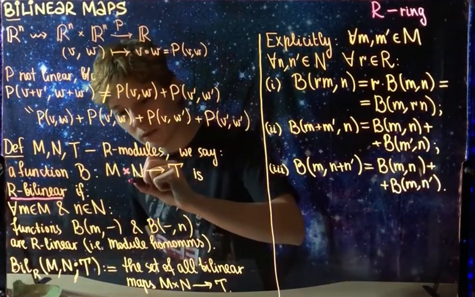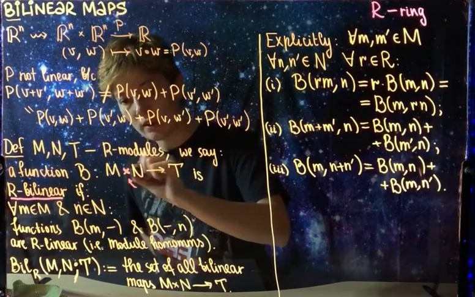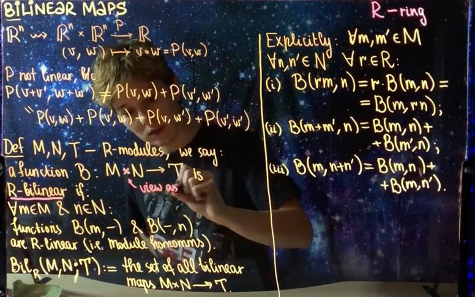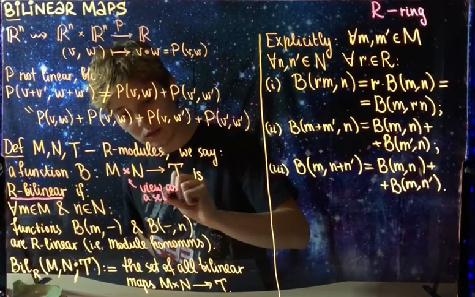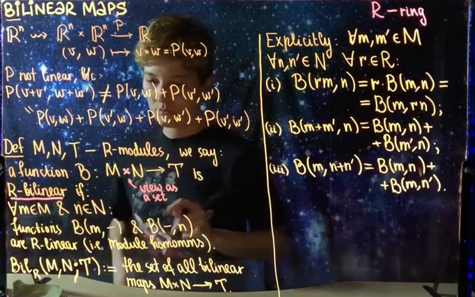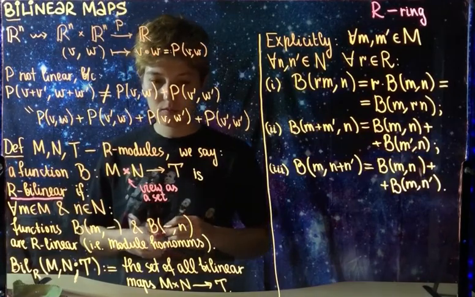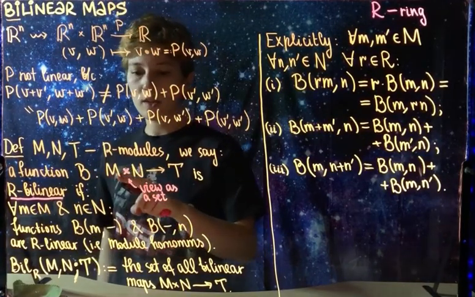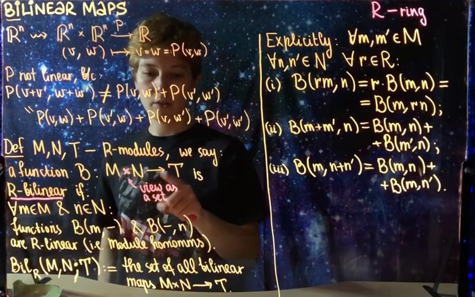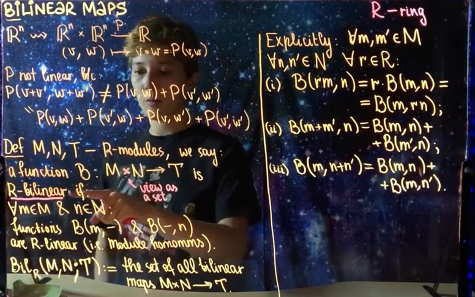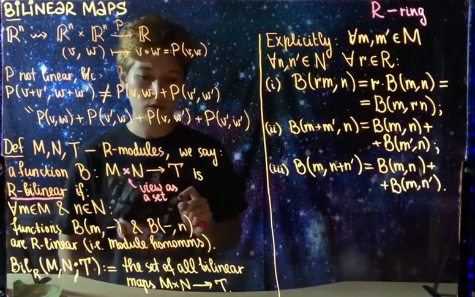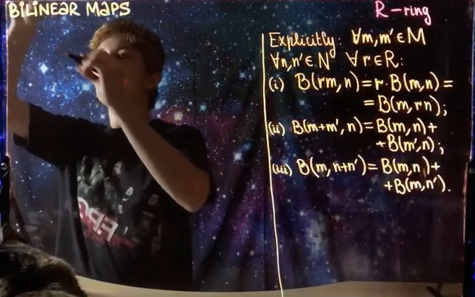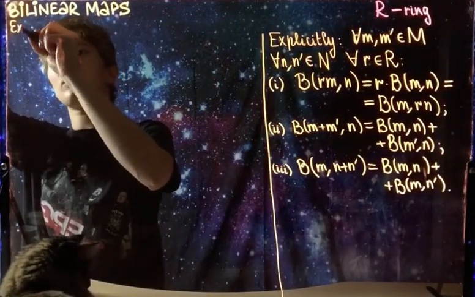So here we view this gadget M cross N as a set. And this is because B is not a homomorphism from M cross N to T. It is a bilinear function, or a bilinear map. And now it is time to consider a lot of examples.